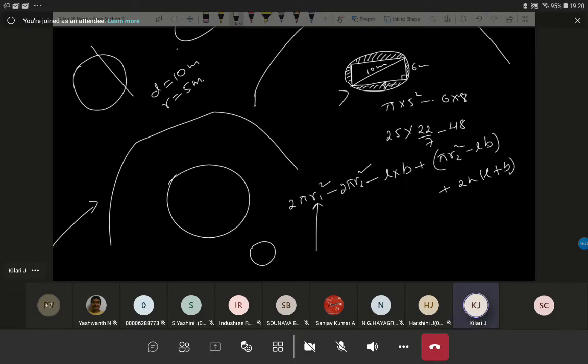Actually, at the top there should be a hemispherical dome like this again, but we cut that portion. So we have to remove this curved surface and add this flat surface to get the surface area of the dome without the cuboid, right?